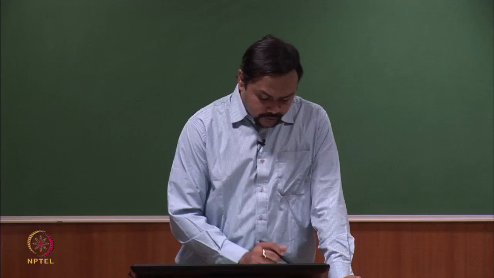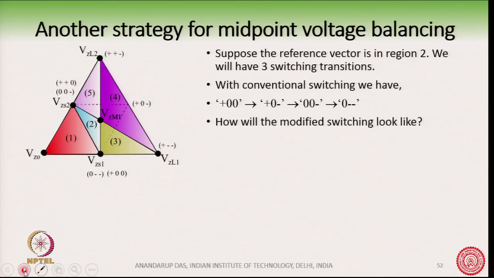Okay. Now, one question that will automatically come up in your mind is that this Vzm1 is a combination of 3 vectors. Okay. Vzm1 is not a vector which is obtained from a direct switching. Vzm1 is obtained by switching of 1/3 of these 3 vectors here.